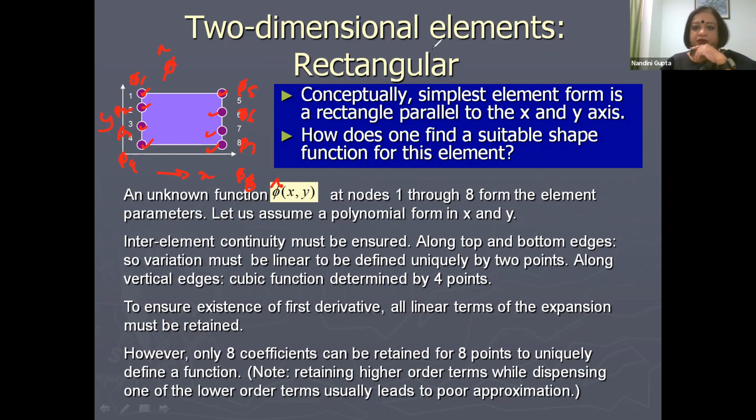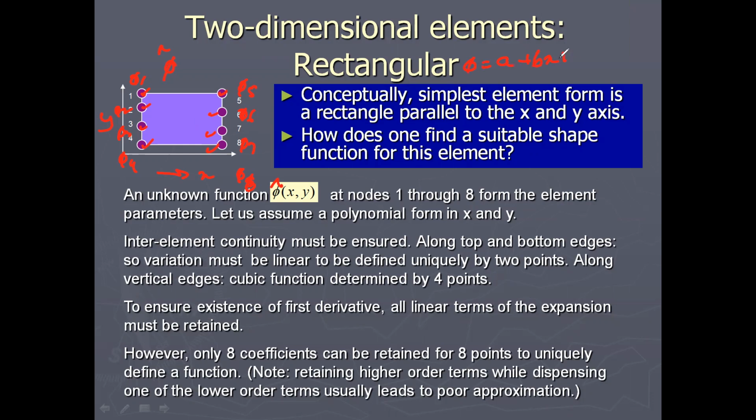So what kind of terms would these be? Can you give me the terms? One would be like a constant, then bx, then cx square, plus dy, plus ey square, plus fxy.